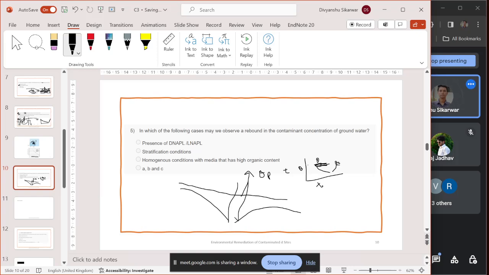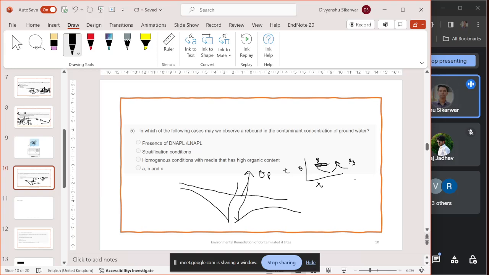and then we again run it for T2 time. There will be a reduction in concentration. Then we again stop the operation, and after some time we again start the operation. There will be some Q3 concentration. So we are running our tube well for removing the contaminant, and we are able to remove some contaminant which is present in the water.